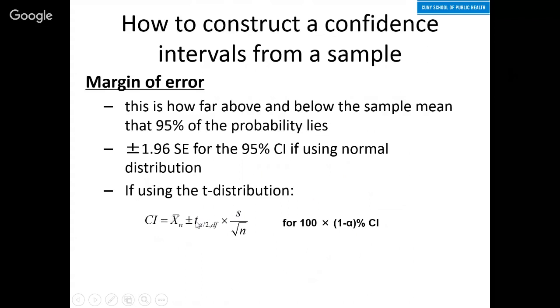And then the confidence interval is the standard error times this critical value. This part would be 1.96 for the normal distribution. It's usually a little bit larger than that if you're using the t-distribution, and this gives you your confidence interval.